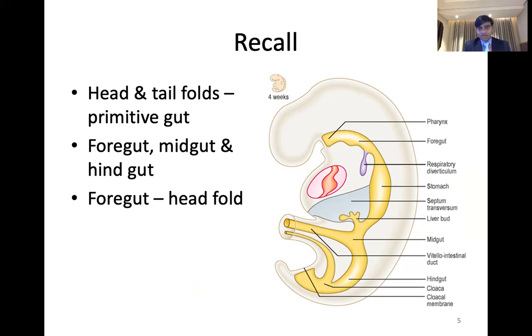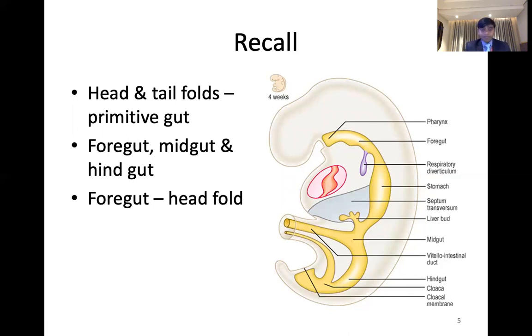It is divided into three parts, giving the derivatives of the foregut, the derivatives of the midgut, and the derivatives of the hindgut. In this diagram, you can appreciate the foregut, the midgut, and then the hindgut. From these, the various structures or organs develop.